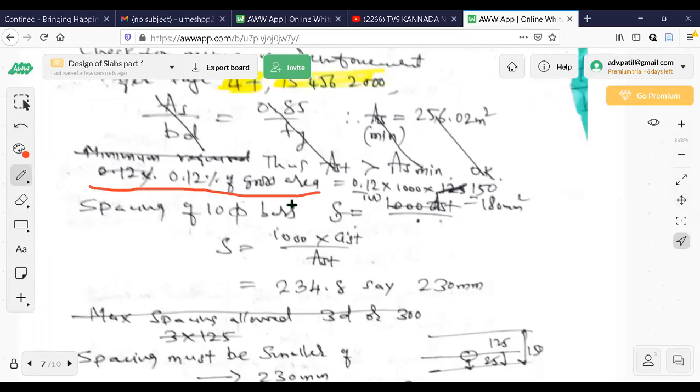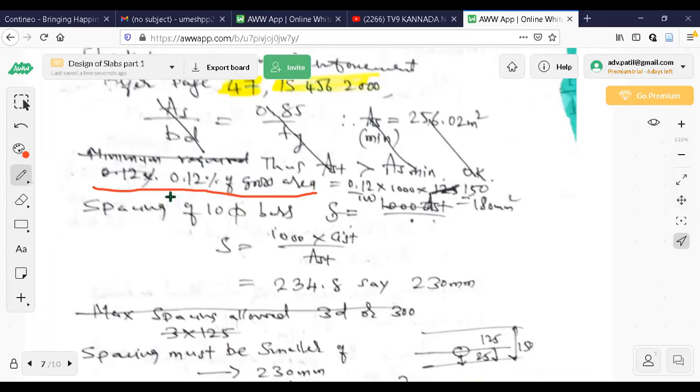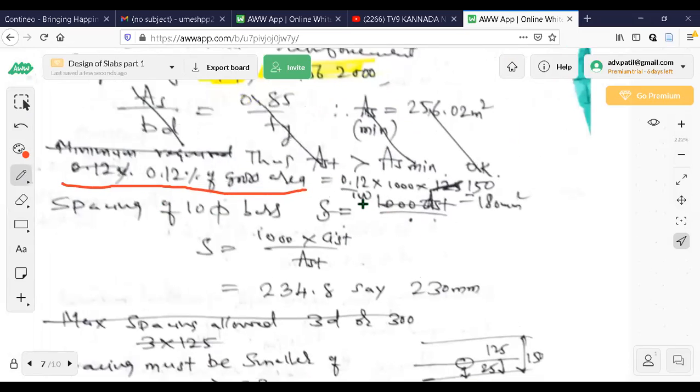After finding 334 or whatever Ast by any one of the methods, you should not directly calculate the spacing and diameter. Check it with this value, 0.12% of gross area. So you see this, 0.12 by 100 into 1000, b into capital D. Gross area is the gross area of the slab, which is b into capital D.